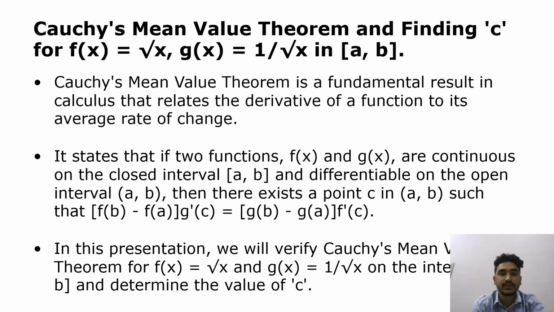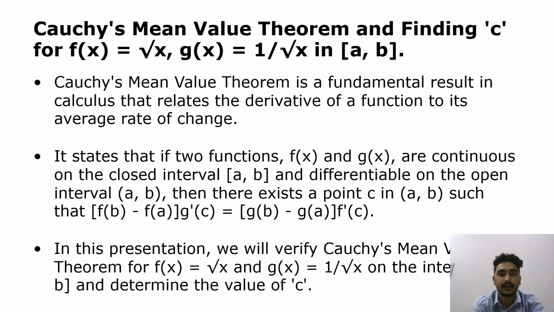Now move to Cauchy's mean value theorem and finding c for f(x) = root x, g(x) = 1 by root x in [a, b]. Cauchy's mean value theorem is a fundamental result in calculus that relates the derivative of the function to its average rate of change.